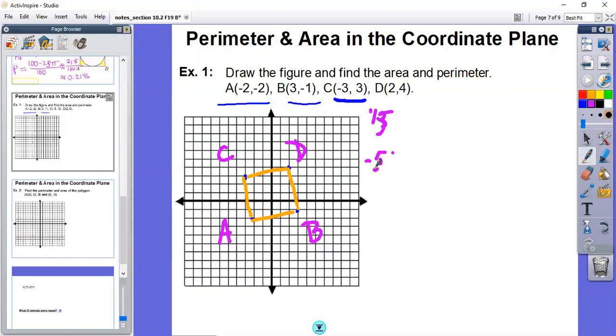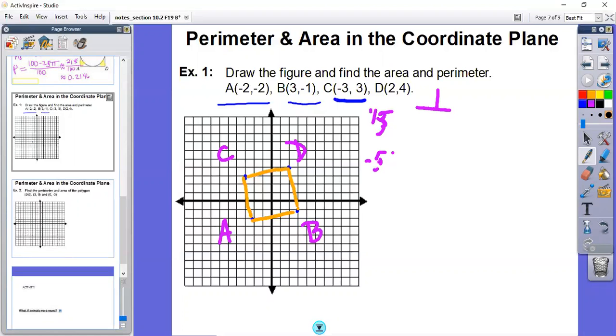It tells me that opposite sides are parallel, but it also tells me, since I think about the slope 1/5 and -5, that those are right angles and those sides are perpendicular to each other. So I have 90-degree angles here. And I can also tell, because it's the same exact slope, that I actually have a square here.